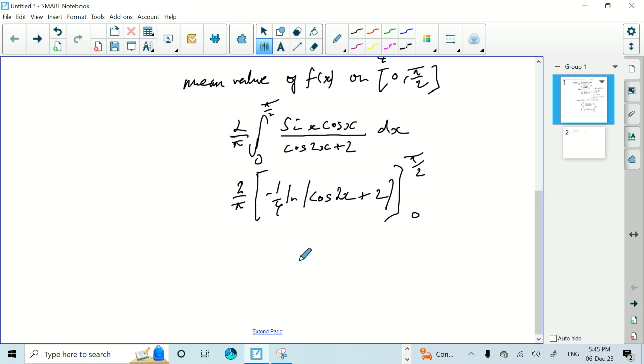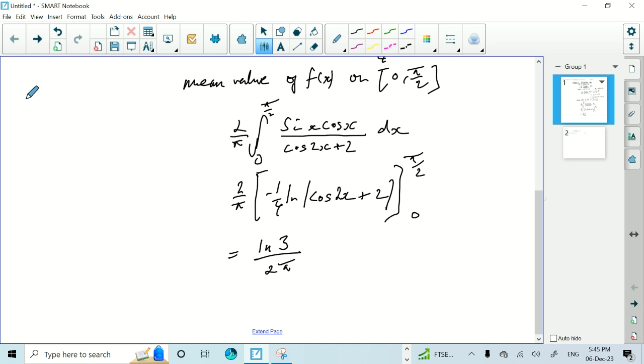And once you do that, you'll find that it will give you the answer of log 3 over 2 pi. And yeah, you can use a calculator to do that, and that's what you should end up with.